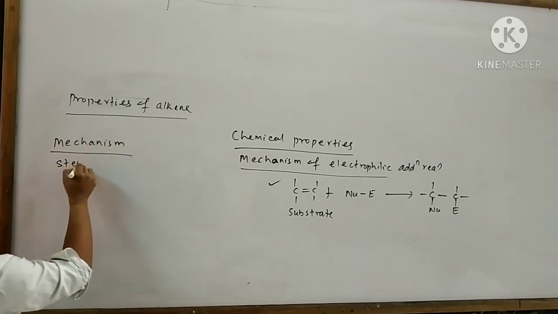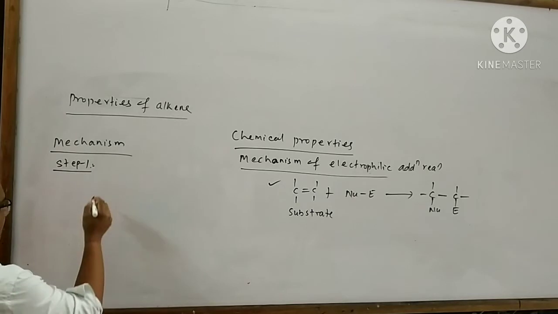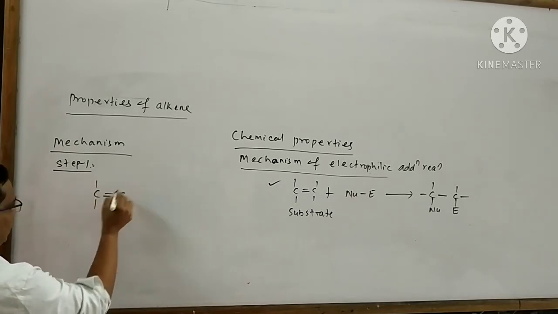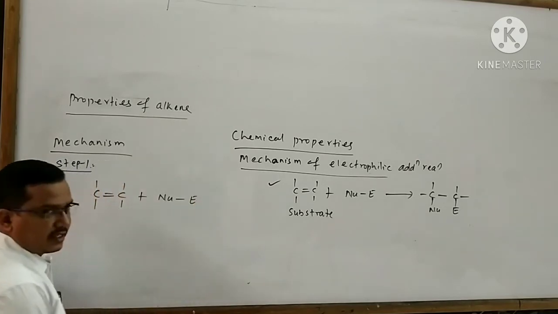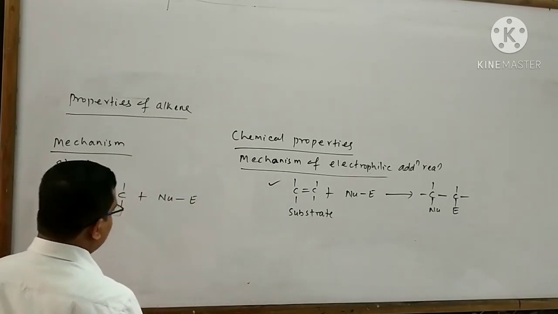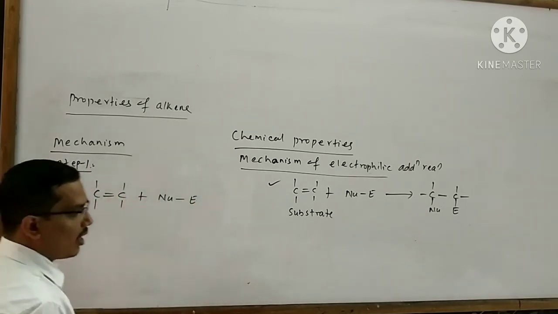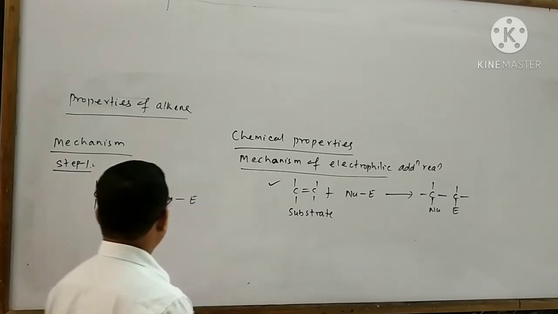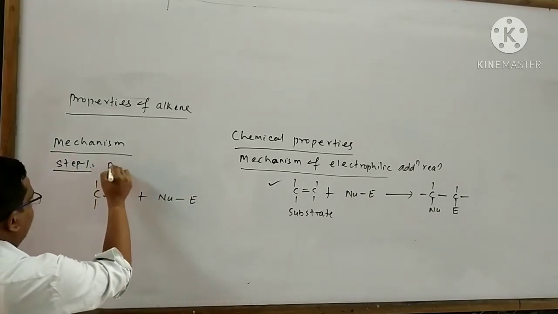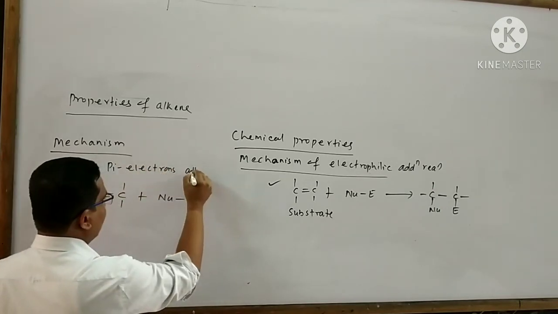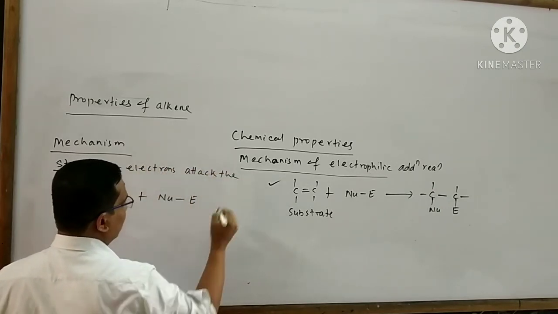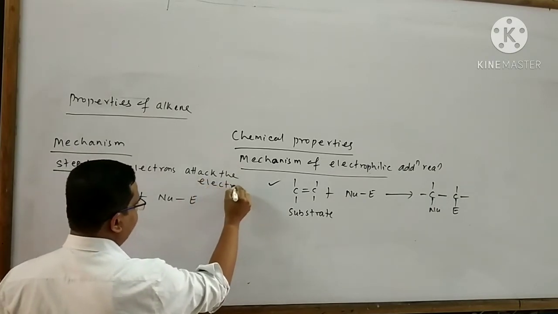Step 1. This is the substrate. This is the attacking reagent. In step 1, this pi bond attacks the electrophile. That means here I can write pi electrons attack the electrophile.